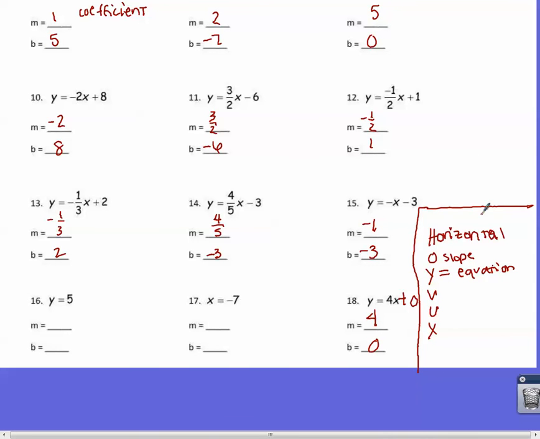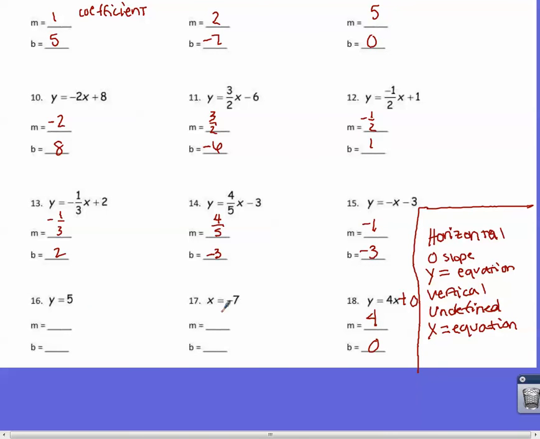And it also cuts through the y-axis. The V stands for vertical line, an undefined slope, and it is an x equals equation that cuts through the x-axis.